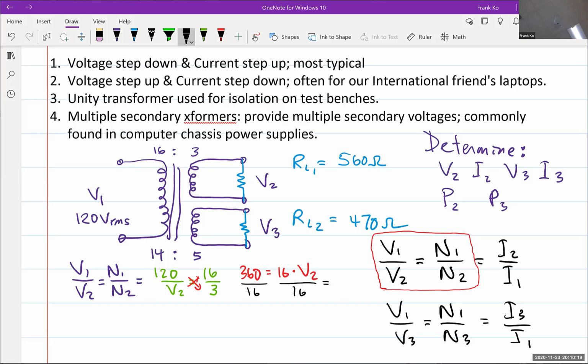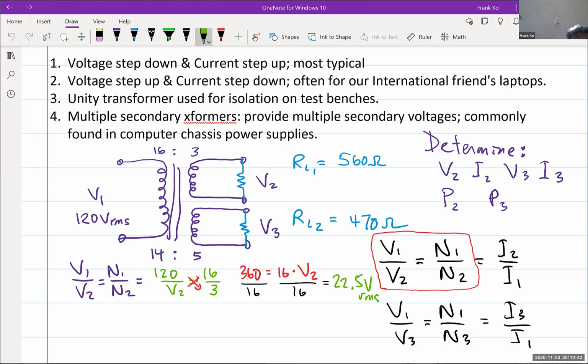So Wei Ji, what do you calculate? 22.5. So we end up with 22.5 volts RMS. Are we okay with determining V2? Everybody okay with that calculation? Yeah. All right.